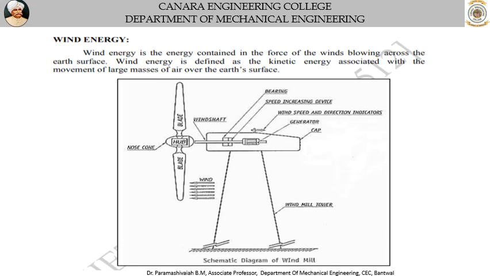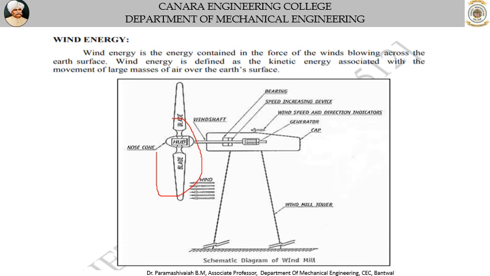Here these are the blades which are exposed to the high velocity wind. The kinetic energy of the flowing wind is transferred to the blades and then the blades start rotating. This rotation of the blade is connected to the central shaft. So it's a rotor. Then this shaft of the turbine is coupled with a generator.